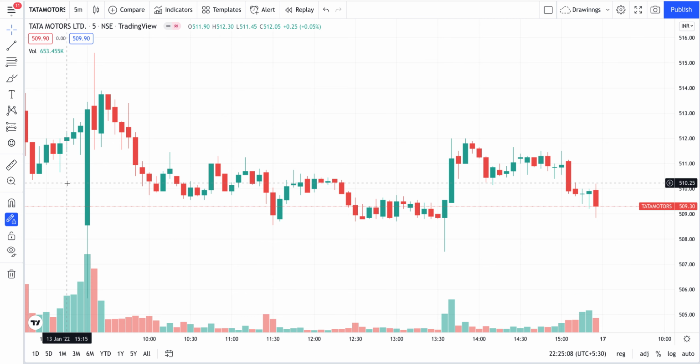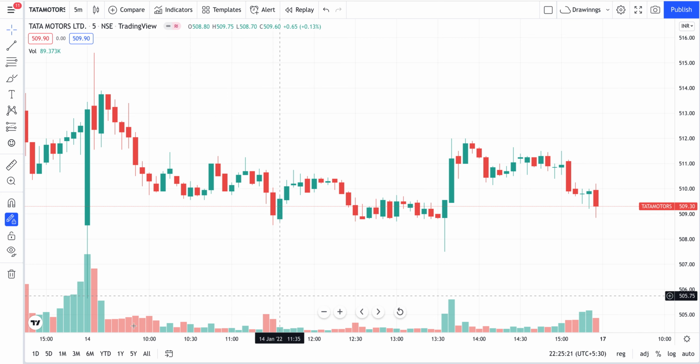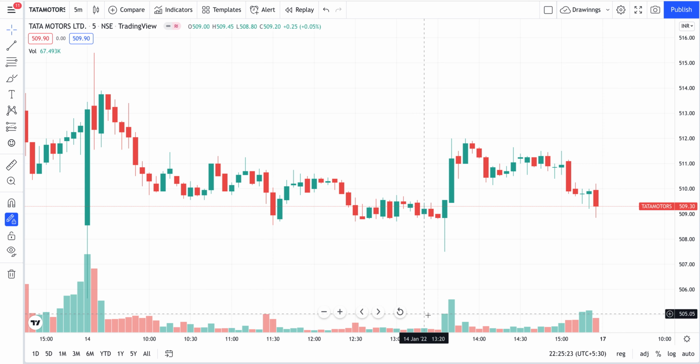You can see that this is a whole day chart, and this is a 5-minute chart, which means each candle represents 5 minutes of price movement. Out of this volume, we can see that this is the highest volume candle here. There is a change in direction of trend. This is the first volume changer candle.